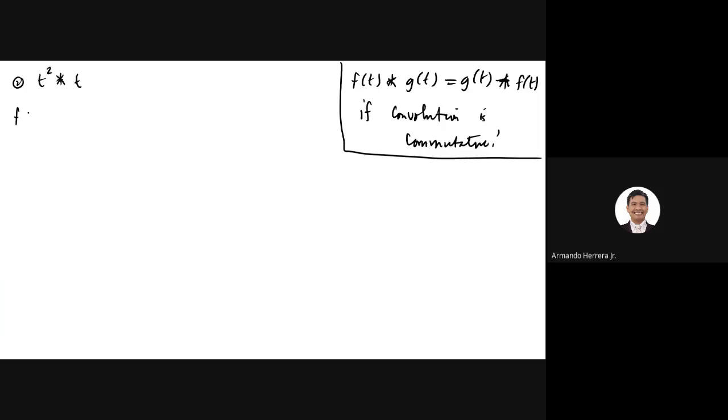So in here we have f of t is t squared, then f of tau is equal to tau squared. g of t is equal to t, then g of t minus tau is simply t minus tau.